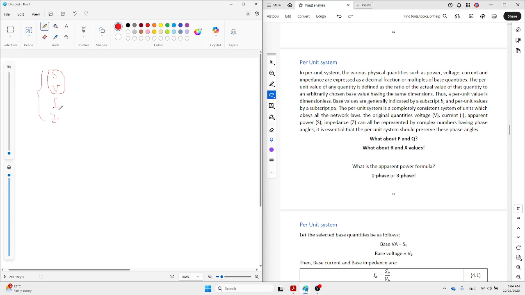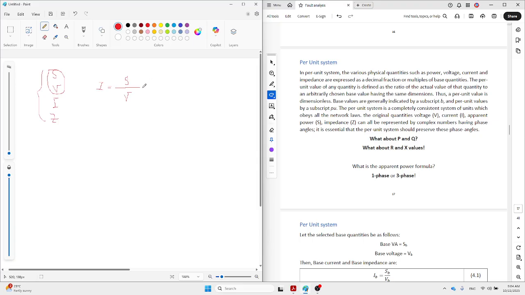Then you should know the formulas between these, okay? So how can we calculate the I? Simply you can use Ohm's law, correct? Or you can use this formula, S equals V I conjugate. We are ignoring the conjugate, so I equals S over V, as simple as this.